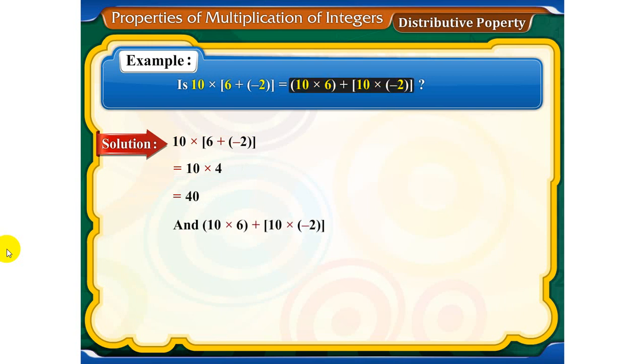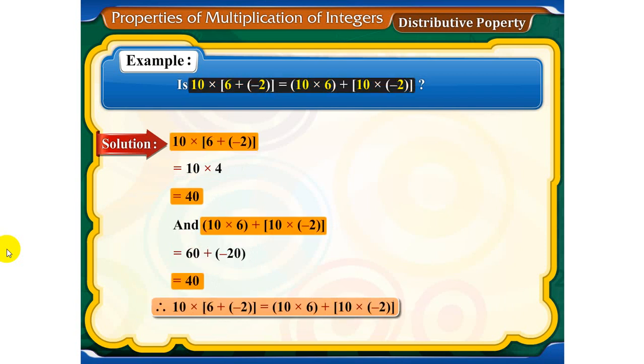And 10 multiplied by 6 plus 10 multiplied by negative 2 is equal to 60 plus negative 20, which is equal to 40. Thus, 10 multiplied by (6 plus negative 2) is equal to 10 multiplied by 6 plus 10 multiplied by negative 2.